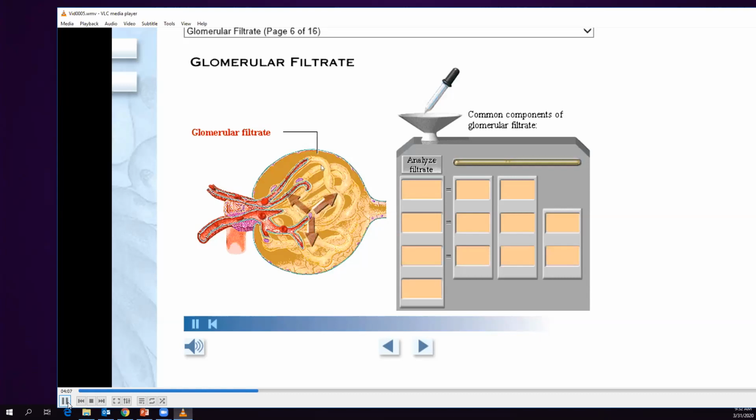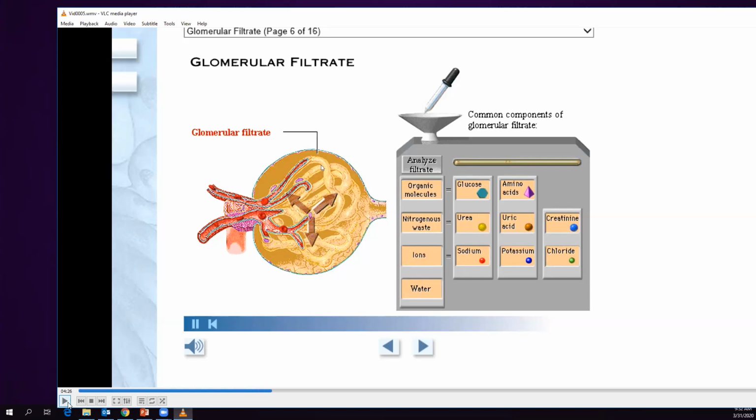Our sample from a healthy person shows the common components of filtrate to be water, ions such as sodium, potassium, and chloride, nitrogenous wastes such as urea, uric acid, and creatinine, and useful organic molecules, including glucose and amino acids.